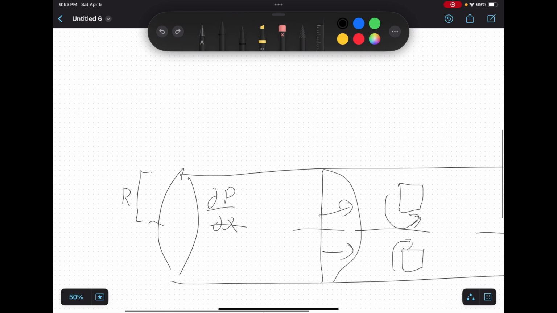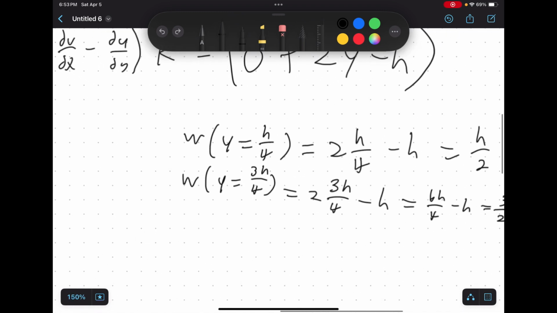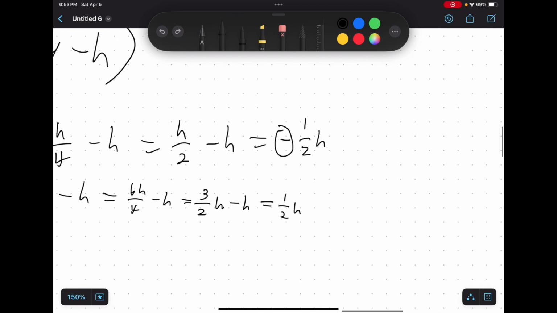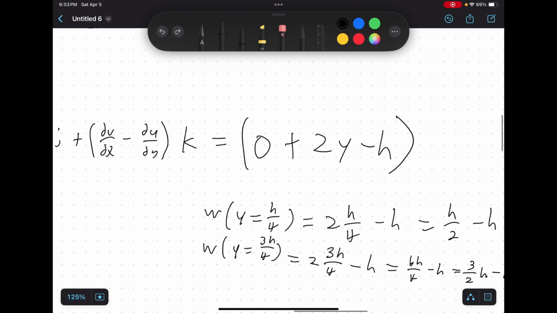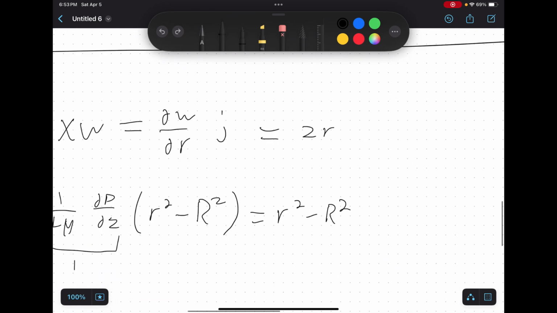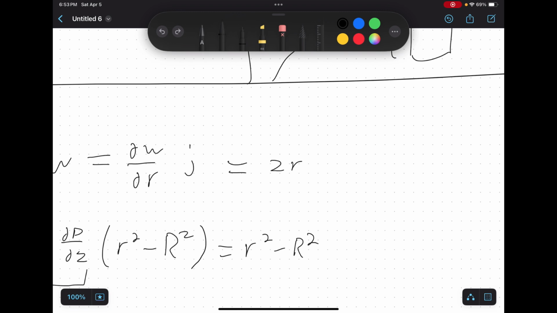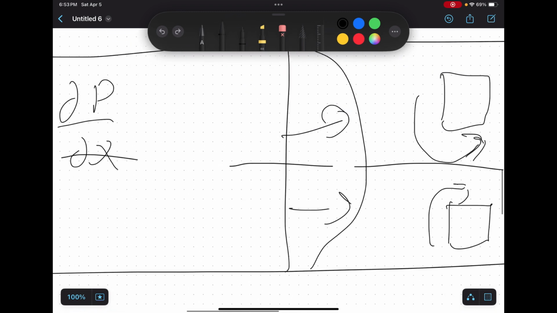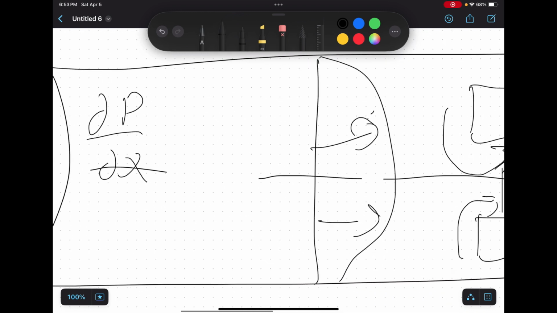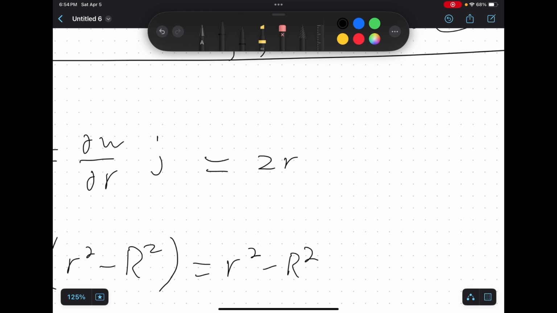The interesting thing here is that before, our equation, depending on what we put y as, would either be positive or negative. We could get negative or positive if we're above or below the center line. But here, it's positive all the time because r ranges from 0 to big R. So we just get a positive number all the time.